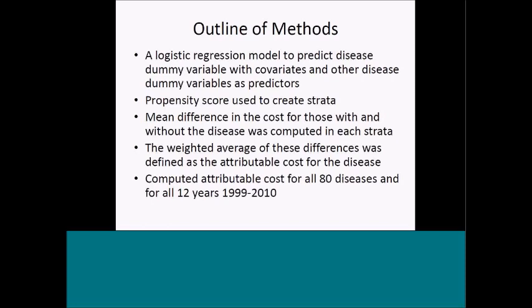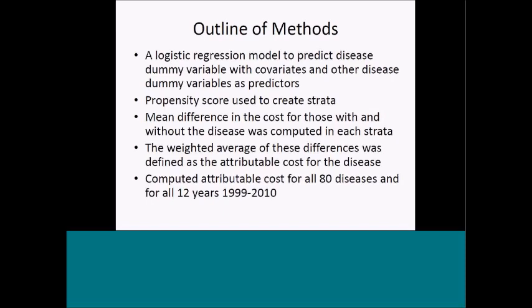So to estimate this, we created propensity score classes for the diseases, and we created strata, and then the mean difference in the cost for those with and without the disease, and then you take the weighted average of these differences, weighted by the population size in those.